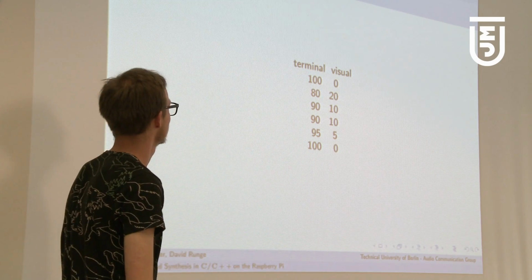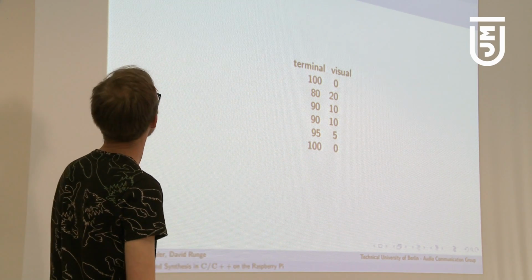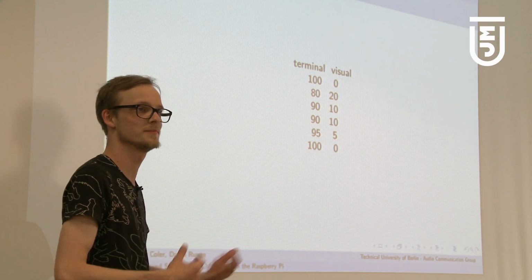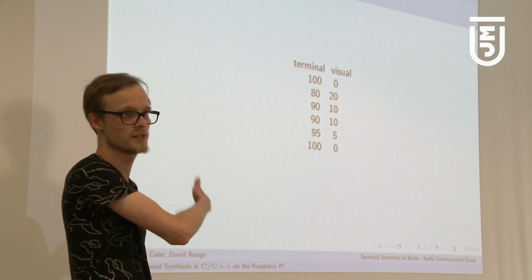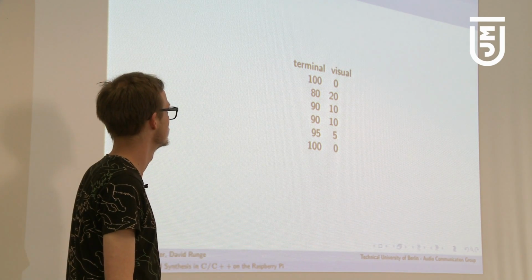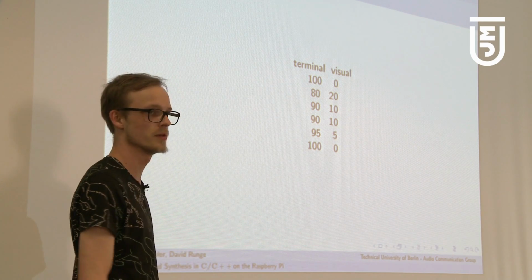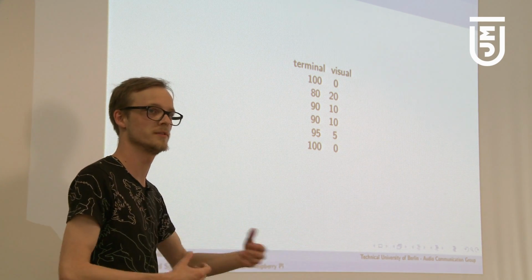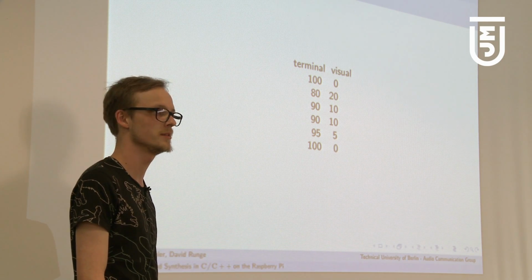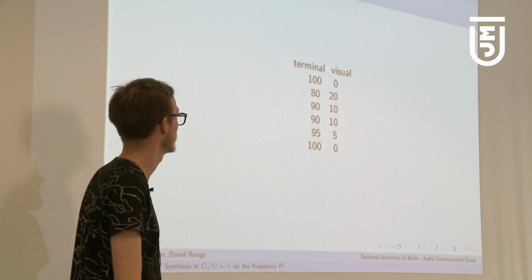This is a nice chart. If you have the terminal versus the visual usage of the groups that at least provided information about what they did, many of them really used the terminal a lot to actually do stuff on the Pi, start things on the Pi, and didn't use X forwarding for it.